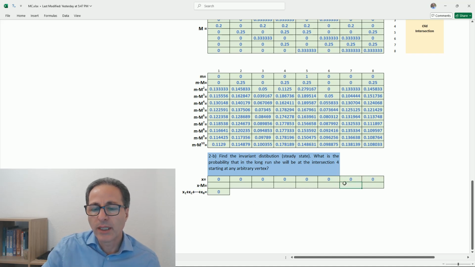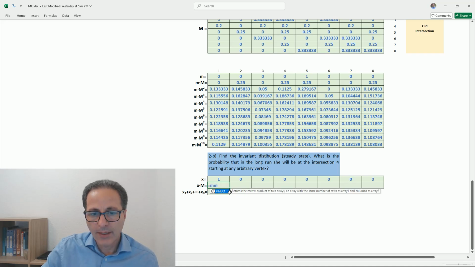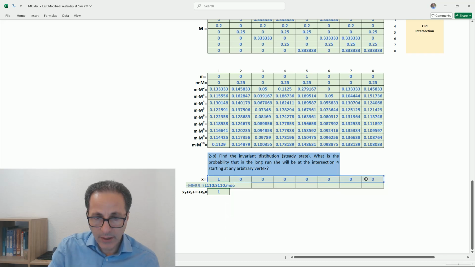The solver will solve it from that initial state. But for simplicity, or to show that it's a probability vector, I give one of them 1 and the rest 0. And here also in the same way, we want to multiply this x and M officer, this matrix.